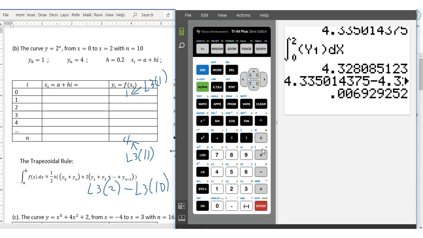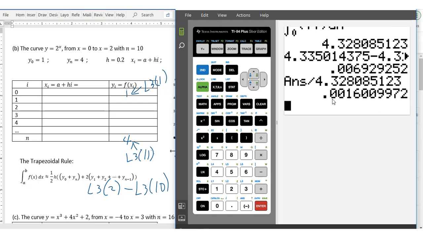Therefore, you need to divide by the exact value. Enter, enter. Therefore, the percentage error will be 0.16%. It's really close to each other.